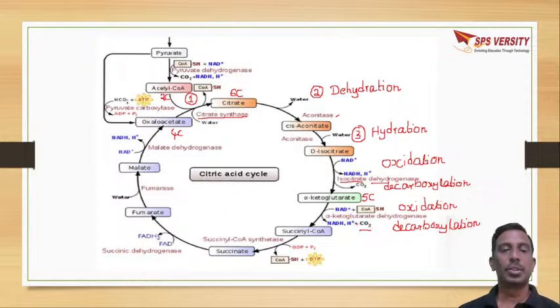It will form a 4-carbon compound, succinyl coenzyme A. This succinyl coenzyme A will undergo splitting. On splitting, it will form succinic acid and coenzyme A, along with ATP being released. So succinate is a 4-carbon compound.